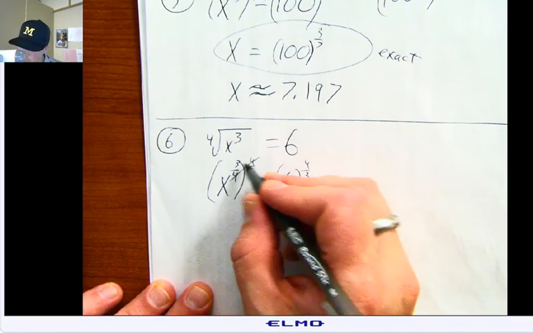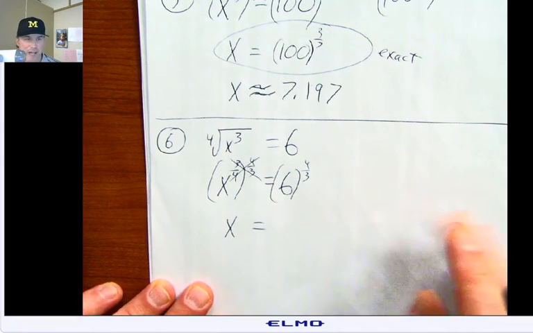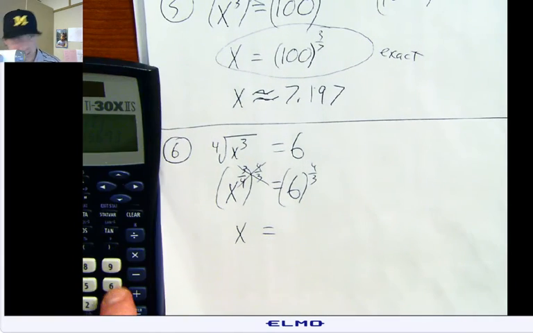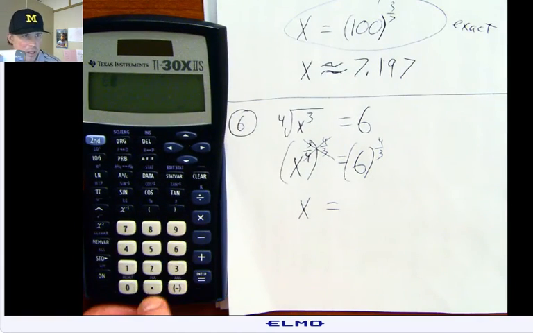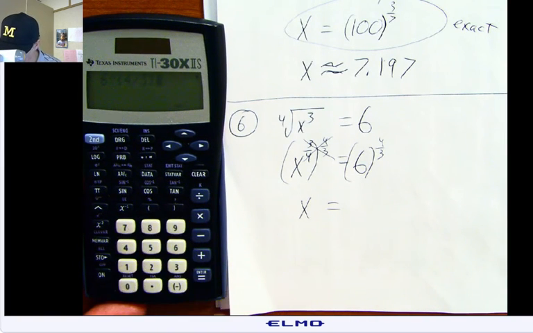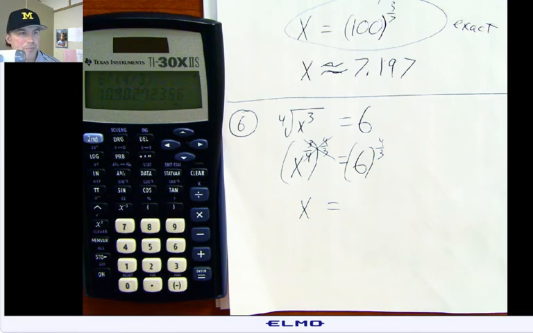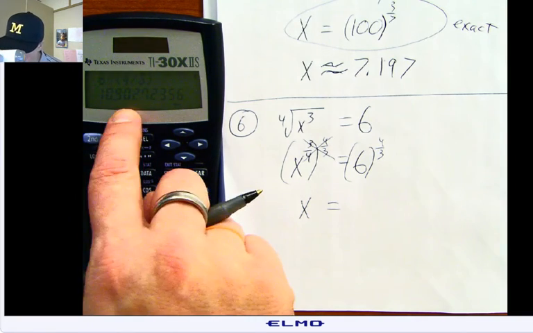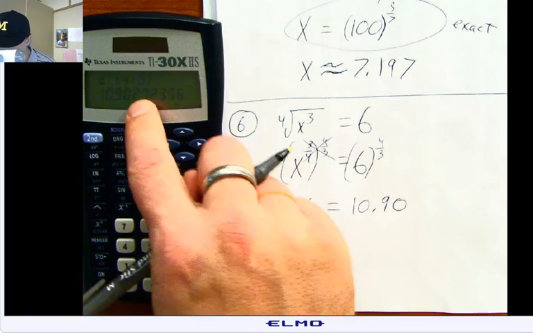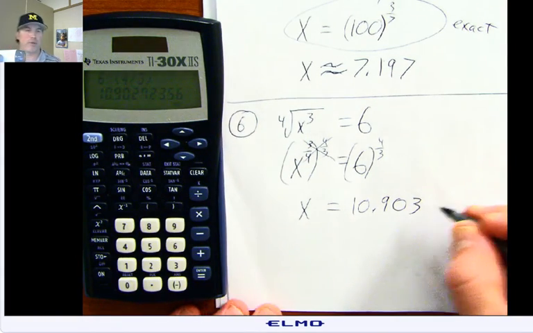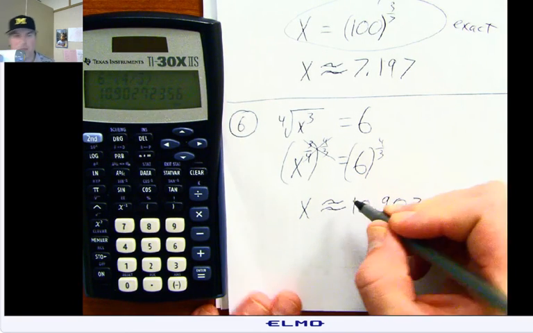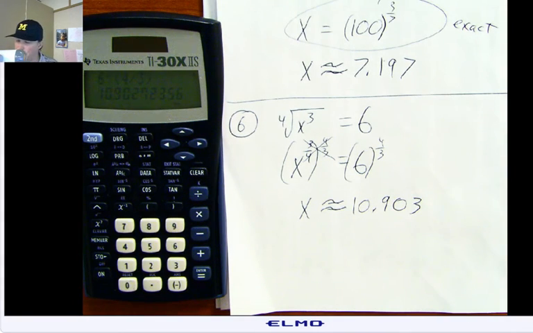Over here, 4s and 3s cancel out. x is left all by itself. On the other side, 6 to the 4/3. So 6 to the, parentheses, 4 divided by 3, close parentheses. And I got 10.9027, so that would round up to 10.903. And because this was a decimal approximation, I should probably use an approximate sign there.